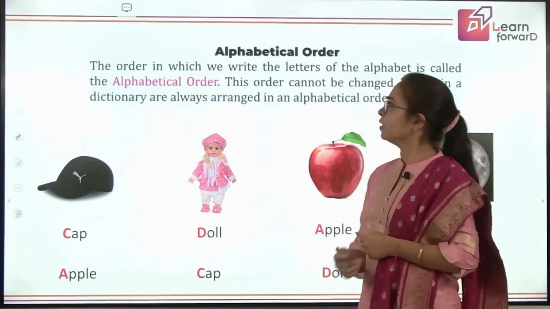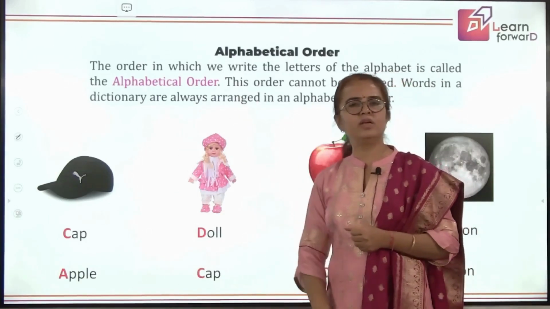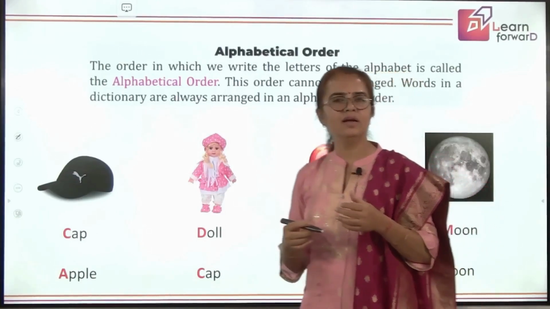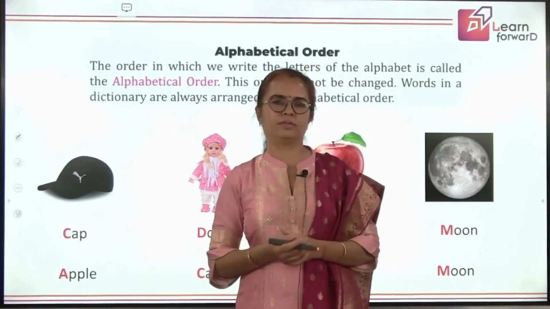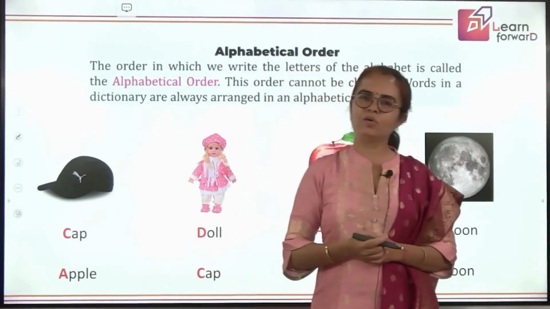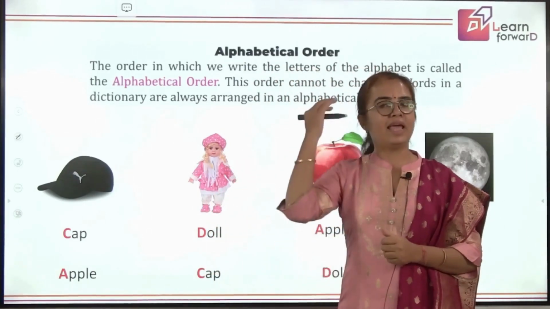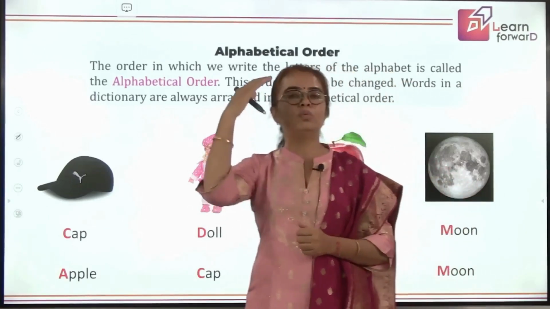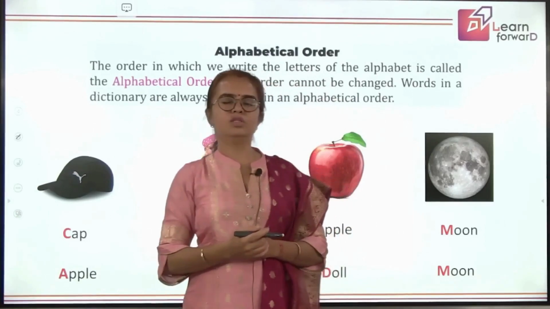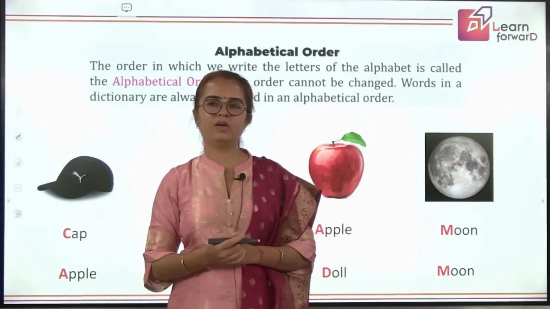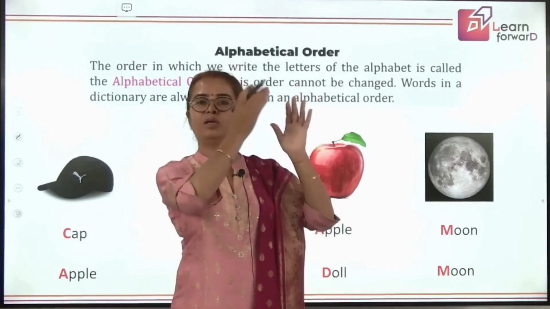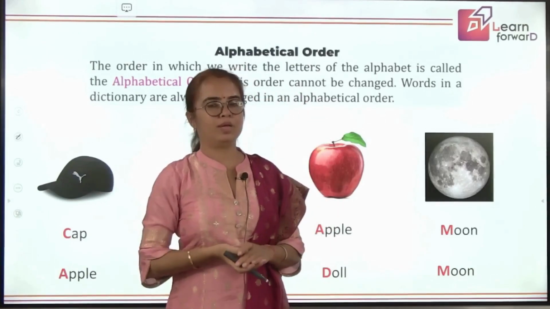Now, if we just write there so many words randomly and you want to find out a word there, how are you going to find it out? So, to help that out, anywhere in the dictionary, the words are arranged in alphabetical order. So what's the meaning of alphabetical order? That means that all the words starting with A will be put together.